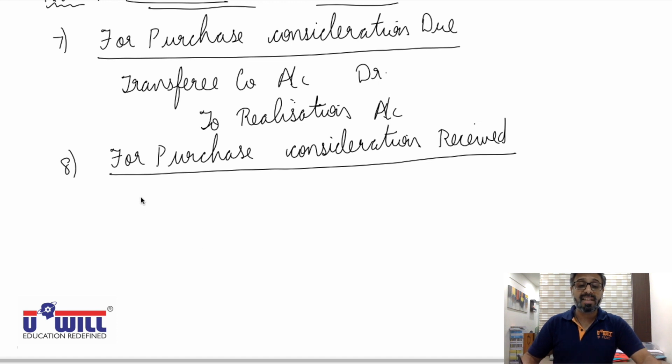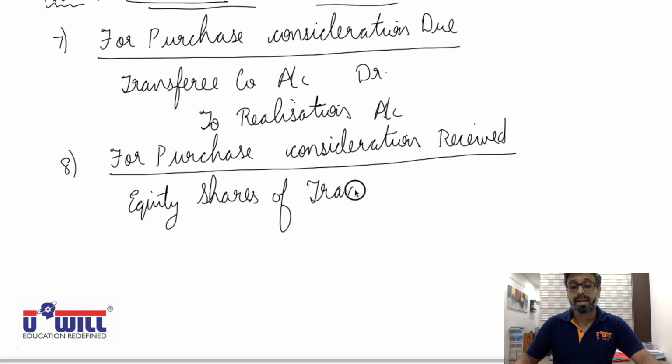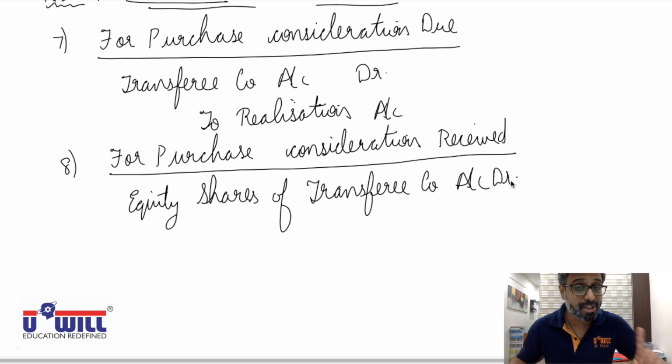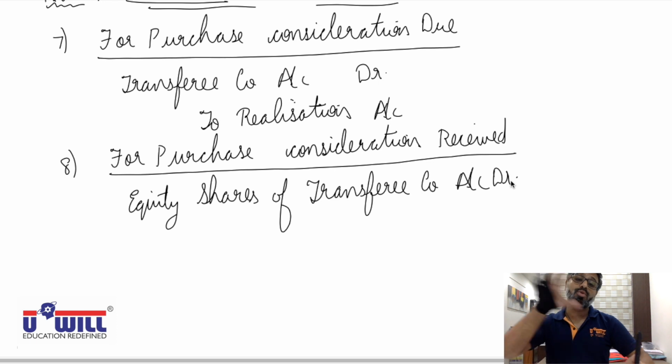So if we receive it in the form of equity shares, then equity shares come in, debit what comes in. So equity shares of transferee company account debit. Mind well, don't write share capital. Capital is always for the company which issues the shares.